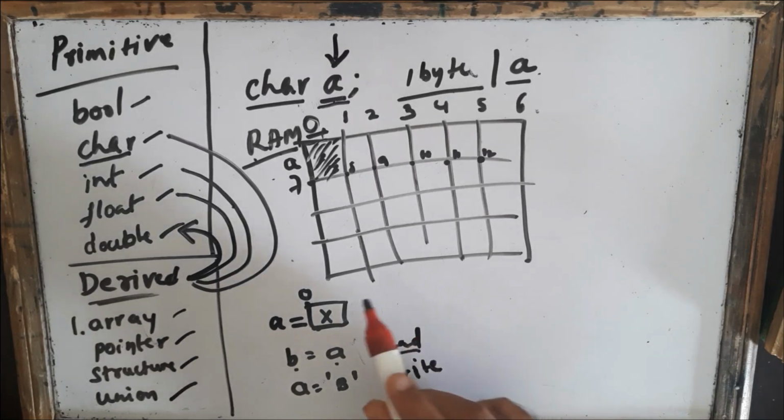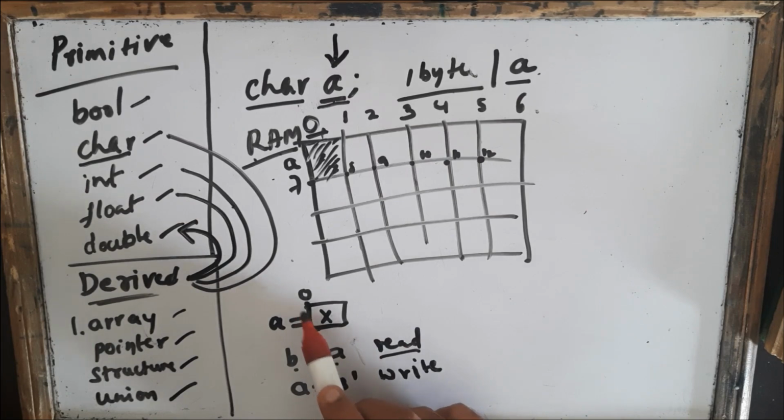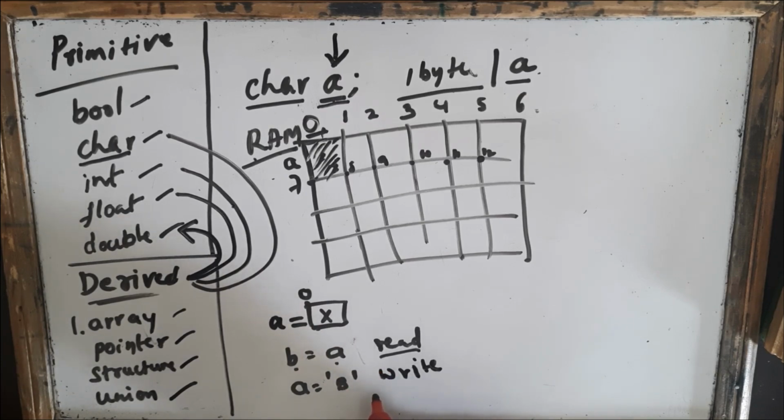Read means reading from address 0, that is from A. The content whatever is in 0 will be read to B. This is called the read operation, and this is called the write operation.